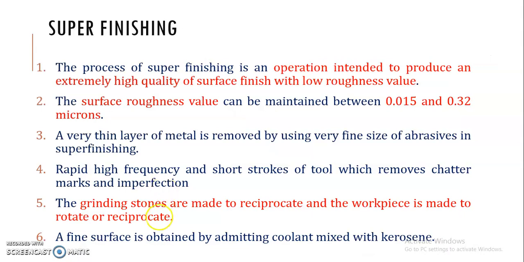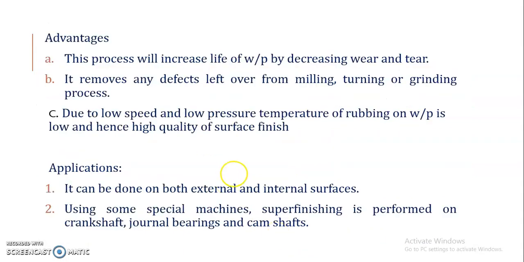Now a fine surface is obtained by admitting coolant mixed with kerosene. Obviously, while removing a very small amount of material, heat generation takes place. To reduce that heat we need a coolant. What are the advantages? This process will increase the life of the workpiece by decreasing wear and tear.